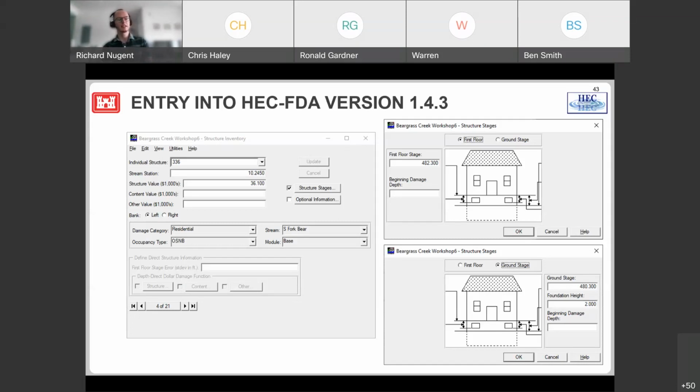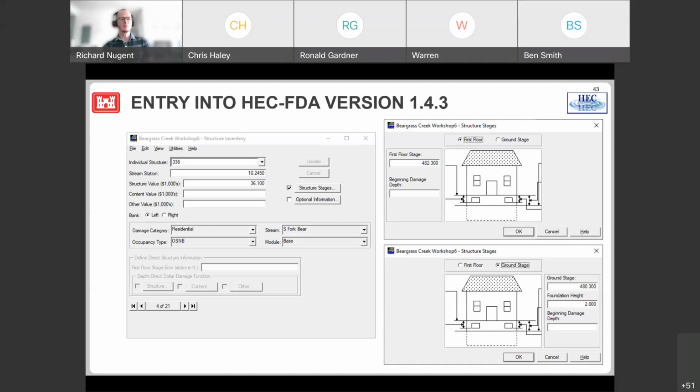And you can see that that line on the structure is the bottom of the first floor, right? We can enter a beginning damage depth if we think that damage will occur before water reaches the first floor stage. If you have a basement, for example, then the opening of the basement windows would reflect the beginning damage depth.